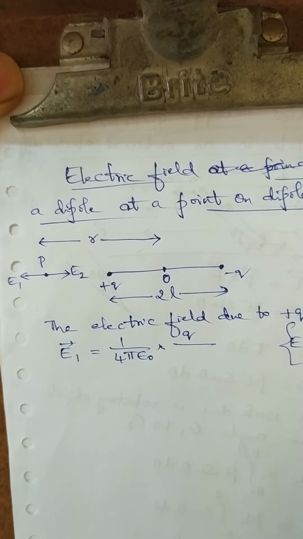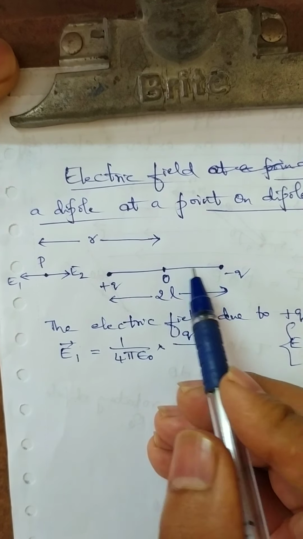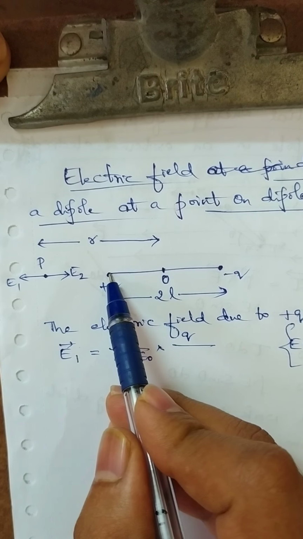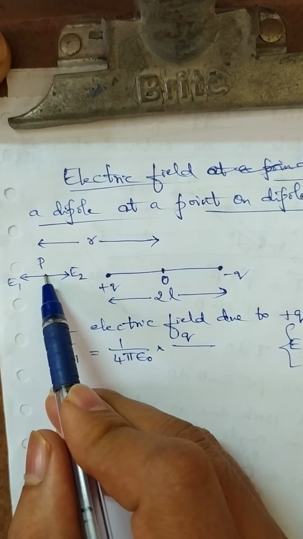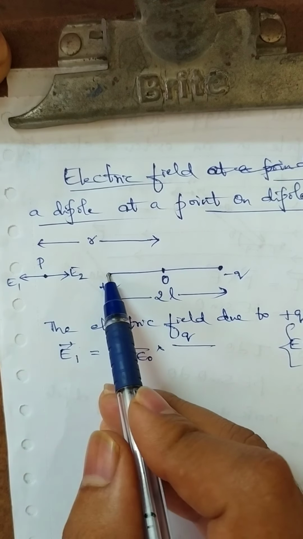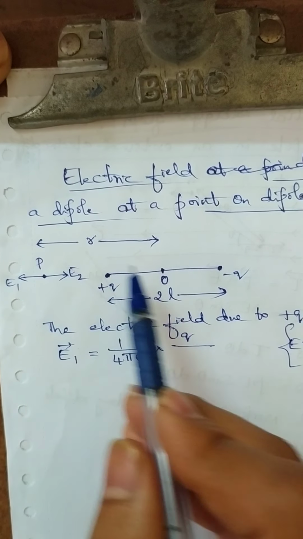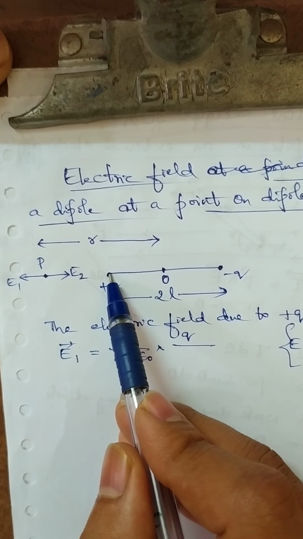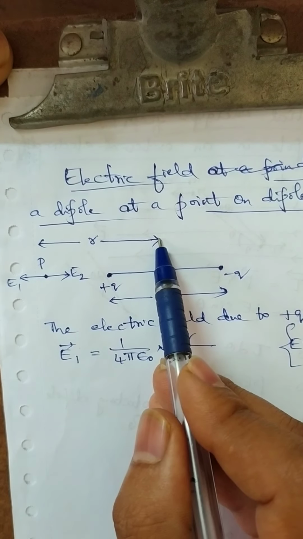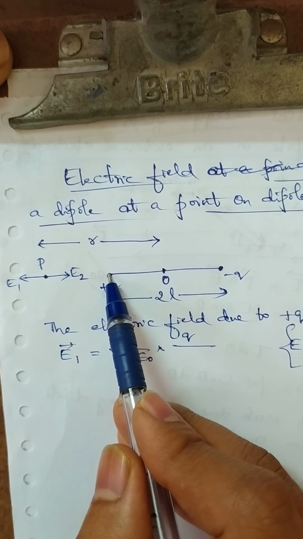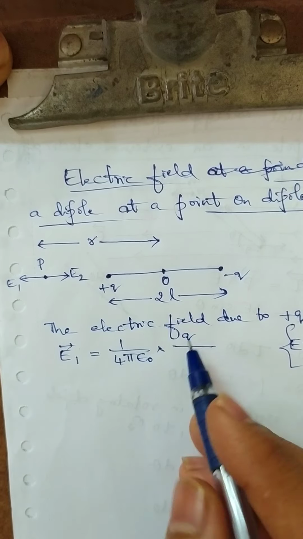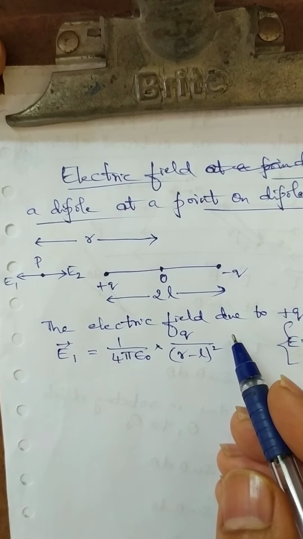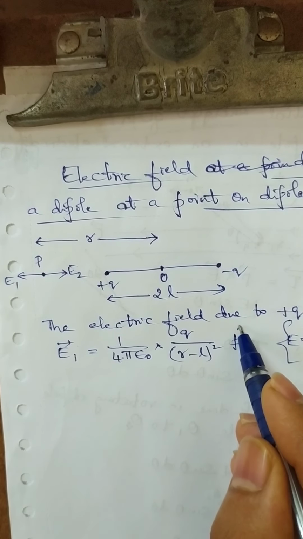In this case, instead of R square, we consider the distance from P to the positive charge. Since the distance between the two charges is 2L, from the center to the charge it will be L. Since the distance from the center to P is R, the distance from P to the positive charge Q is R minus L, whole square, and I write the unit vector P cap.